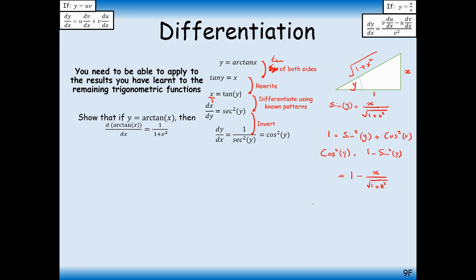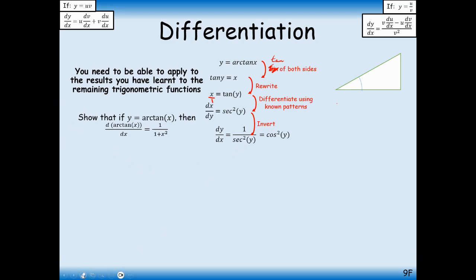And we can get a common denominator here and write this as 1 plus x squared, subtracting x squared, all over 1 plus x squared. So, dy by dx is simply cos squared of y.